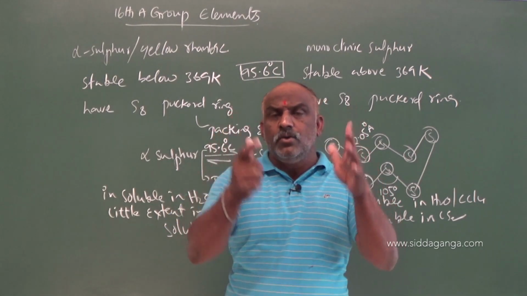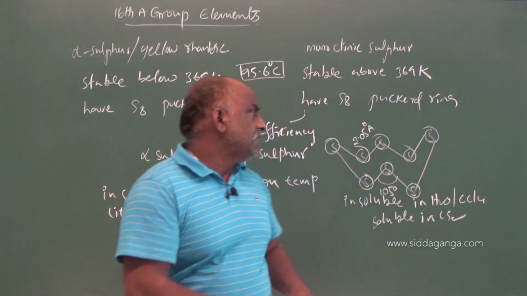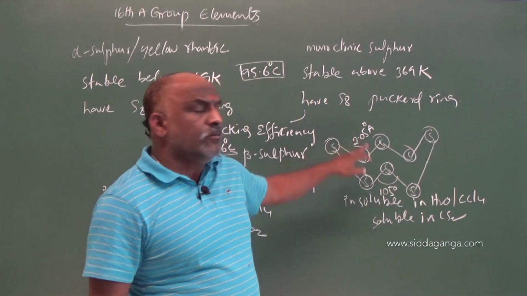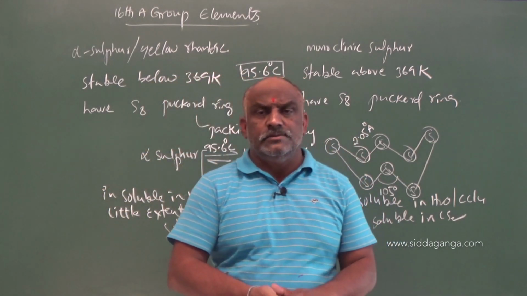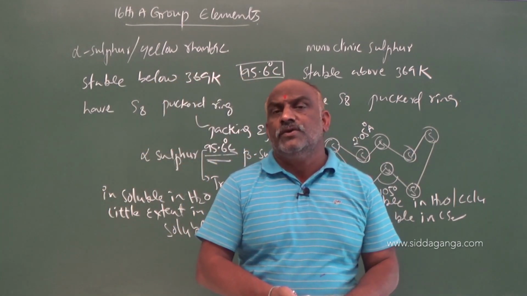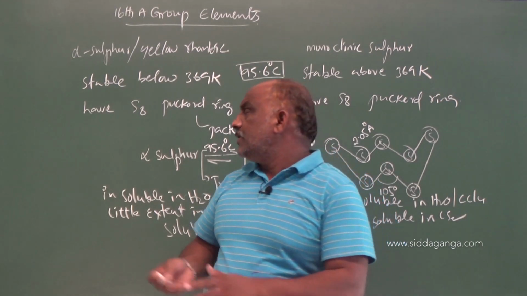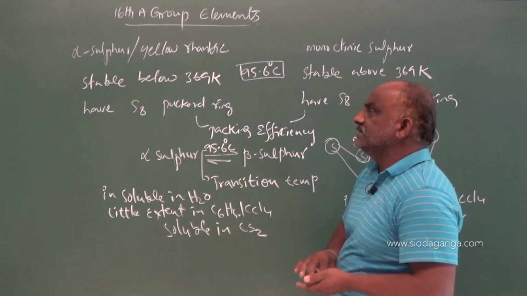Both are puckered, crown-shaped rings of S8 molecules. Bond angle is 105 degrees, while bond length is 2.05 angstroms, that is 205 picometers. Clear? These are the important points regarding the sulfurs.